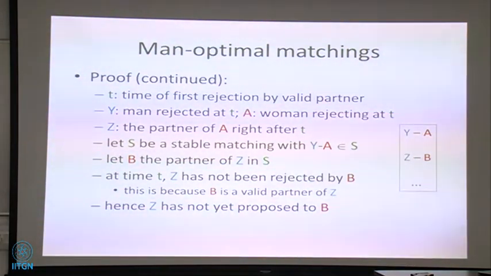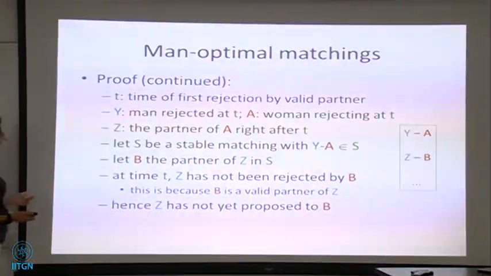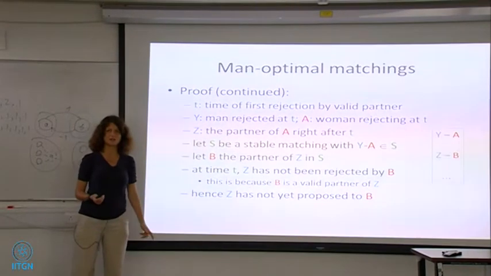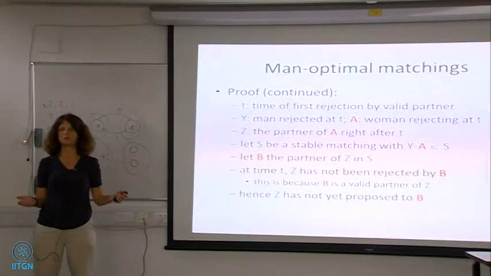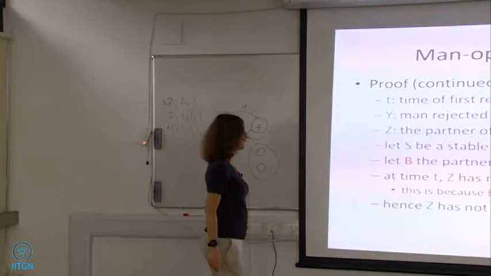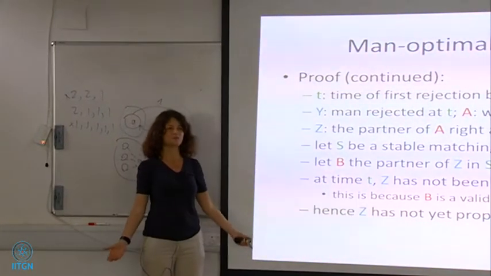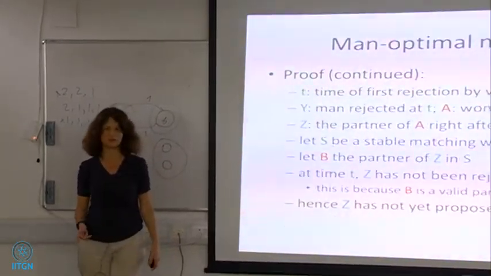So why is that impossible? Well, if Z is with someone else, and if Z has proposed to B in the past, it means that he would have to be rejected by B. If Z proposed to B in the past and he hasn't been rejected by B, then he would still be with B. So therefore Z has not yet proposed to B.